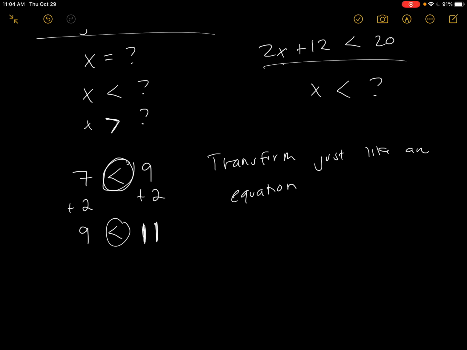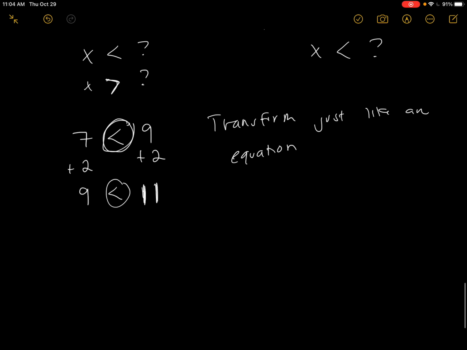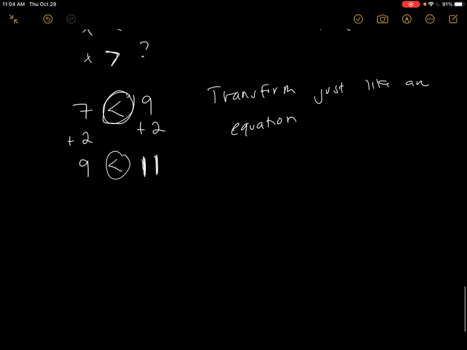If I want to keep both sides at the same relationship to each other, where the left side is less than the right side, or greater than, whatever it is, then I need to make sure I transform both sides the same. So it's actually very simple to solve inequalities because it's just like solving an equation.